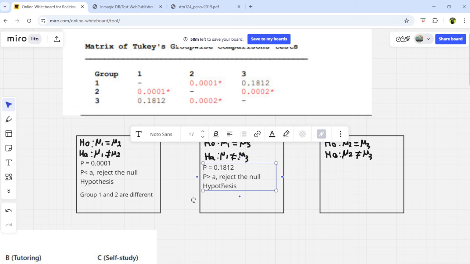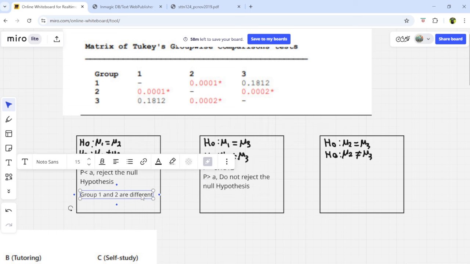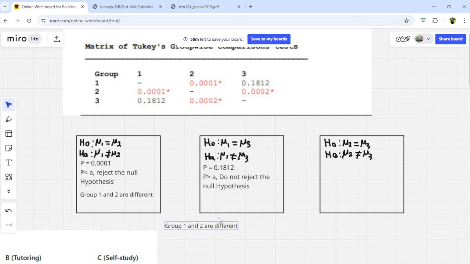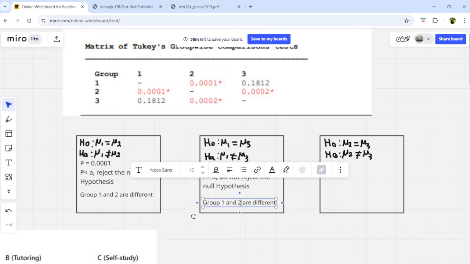Therefore, you do not reject the null hypothesis, and then you're going to say group 1 and group 3 are the same. Then you do the same for group 2 and group 3 as well.